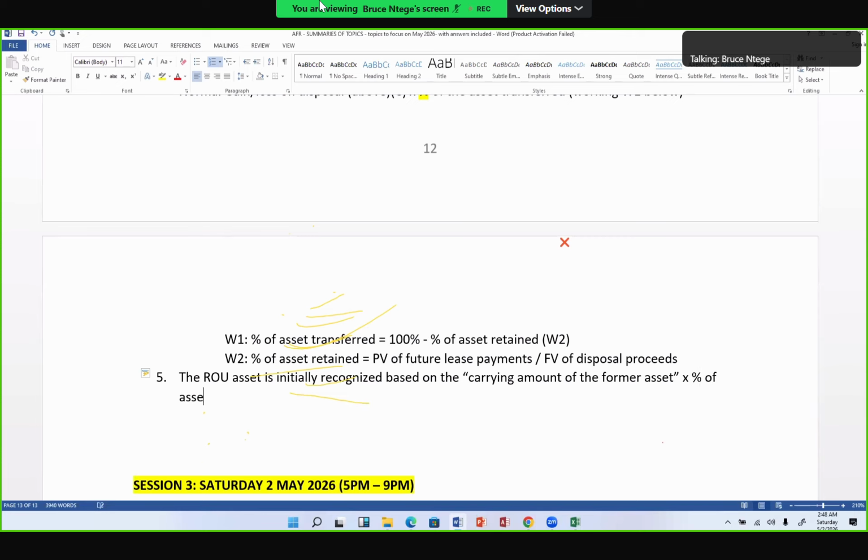Remember that percentage retained, you already had it up there in working 2 above, as the present value of the future lease payments divided by the fair value of the disposal proceeds. You are bringing it back here to say that now I'm using it. When I use it, I want to debit that right of use asset in my balance sheet under assets, the non-current assets.